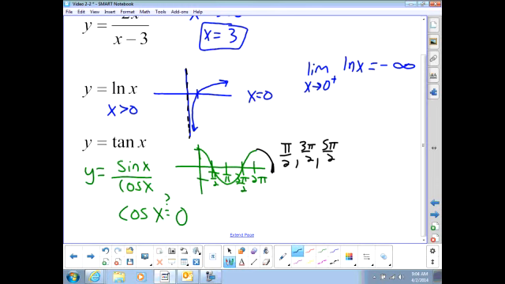If we went the other way, it would hit 0 again at negative pi over 2. So notice all our places where it's hitting 0, the number in the numerator with the pi is always an odd integer. So in general, we can say we have vertical asymptotes at x equals n pi over 2.